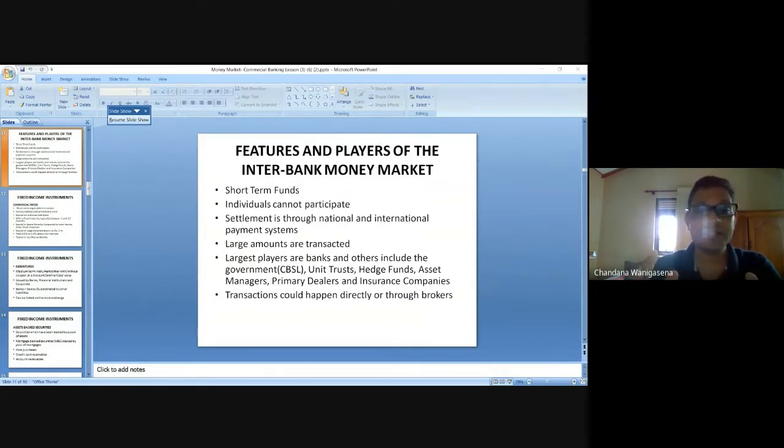Just in case they issued it for 1 year, in between, maybe John Keells also badly needs money for a project. So immediately they need money. What they can do is trade that commercial paper in the money market and take their money.